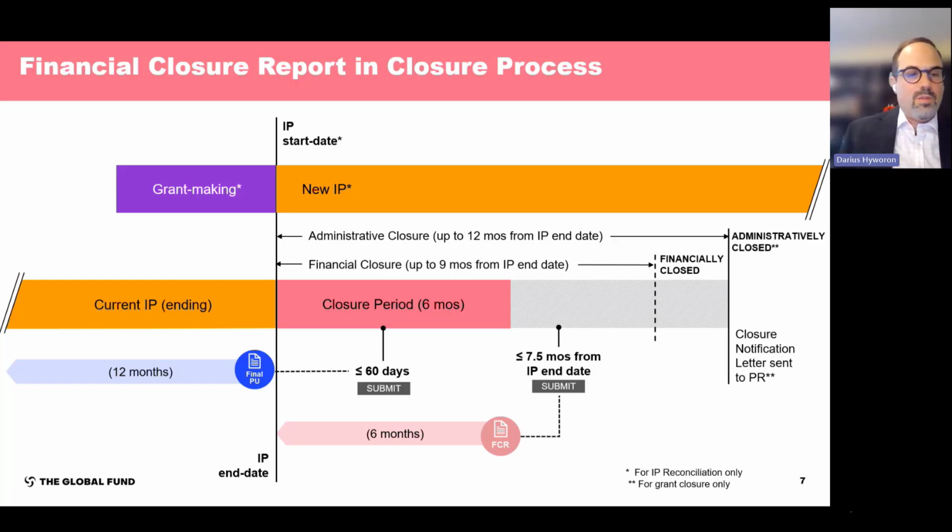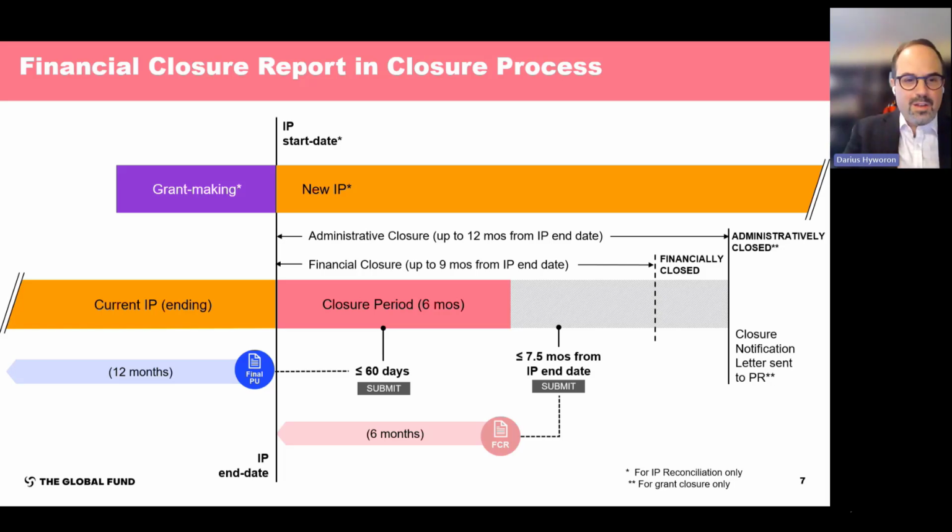And just to go through step by step here, if we think about the regular process for GC7, they have a grant and grant making, and maybe we just click through to at the end of the current reports, the final PU is shared.